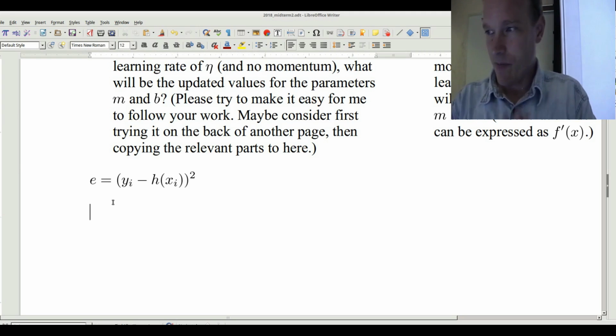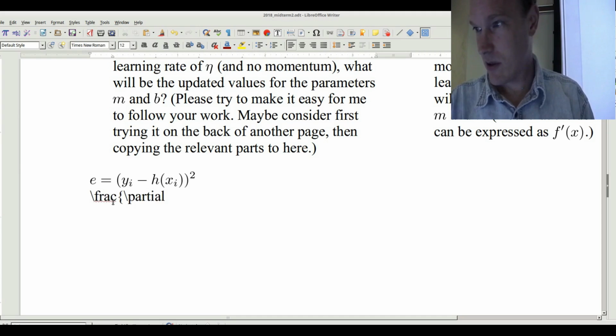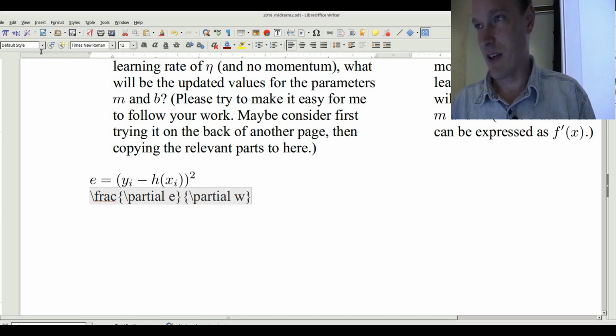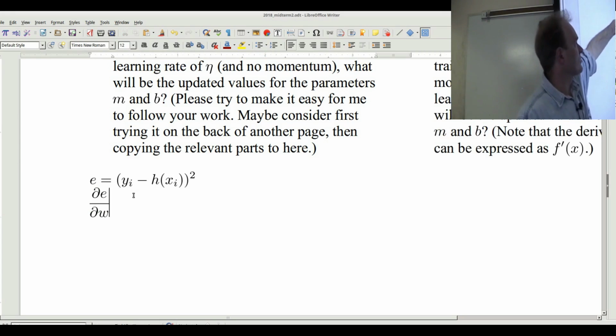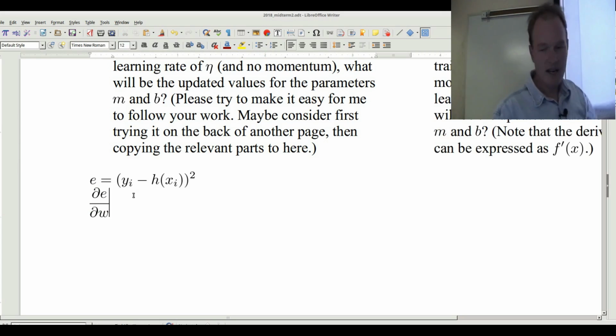Okay. The derivative of that can be expressed as partial e over partial w, where w is just some arbitrary weight that I haven't actually defined yet. So the partial derivative of this error function with respect to w, that's what we're trying to get at.